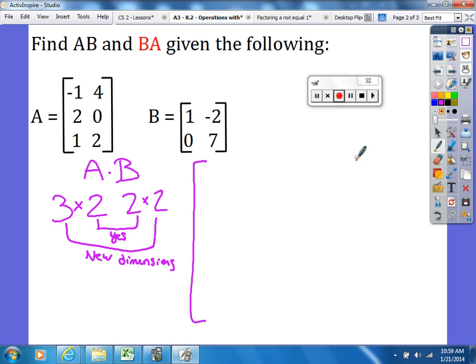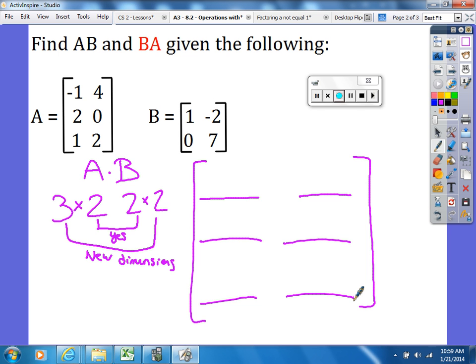And I'm going to give myself some room in that 3 by 2. 3 rows, 2 columns, right? You got it, the new dimension. What if the middle two are not the same? What do you get to write? Exactly, you get to write not possible. All right.